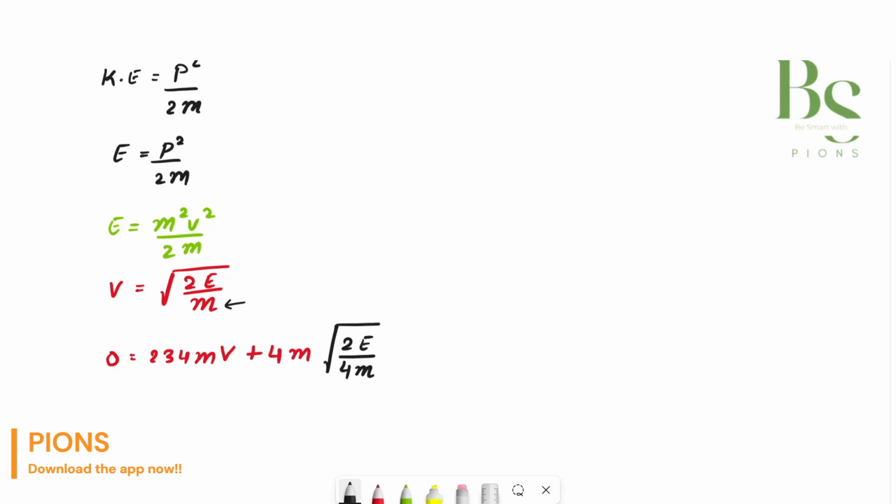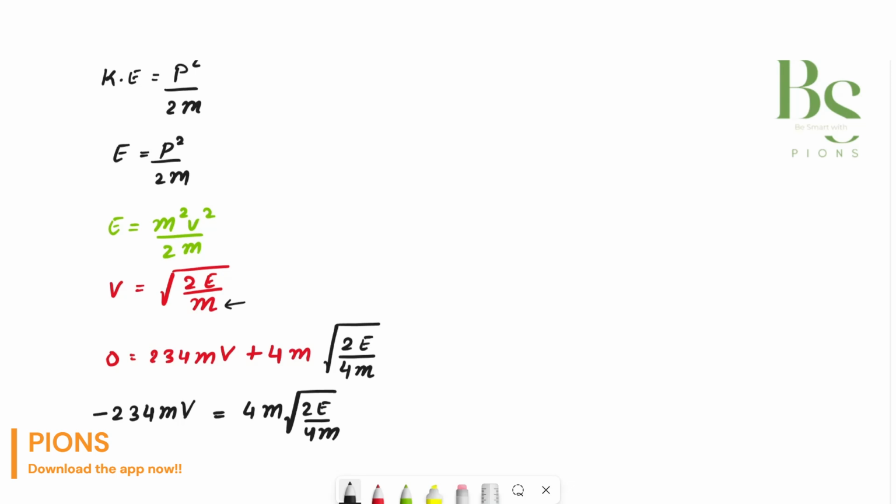Now let's take this 234 mV to the left hand side. So this will become minus 234 mV, and that will be equal to 4m root under 2E upon 4m. For the time being, I'm just keeping it like this. Later on, we will cancel things out and make it much simpler. So minus 234 mV equals 4m root under 2E by 4m.